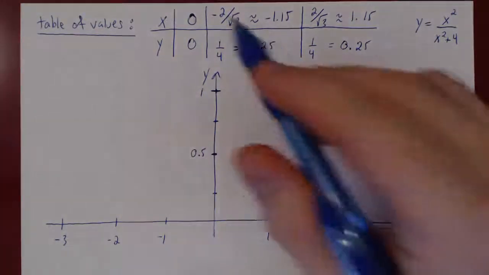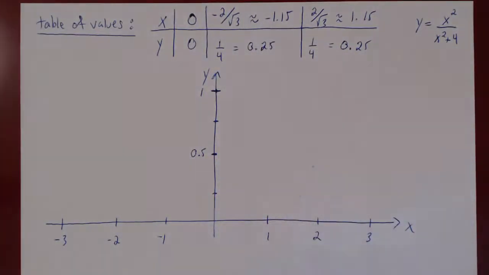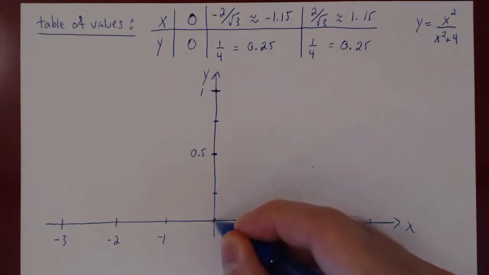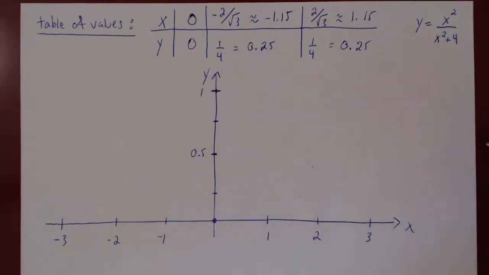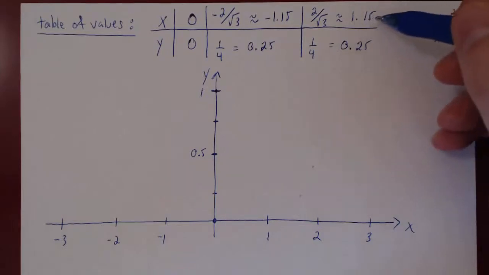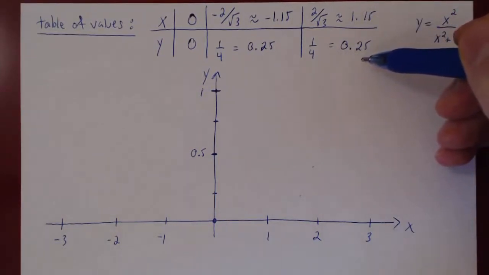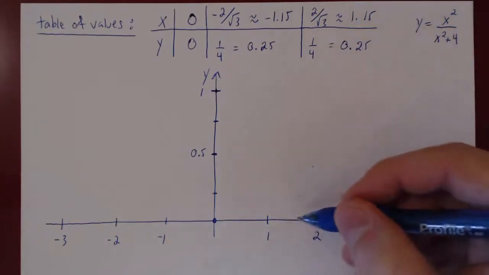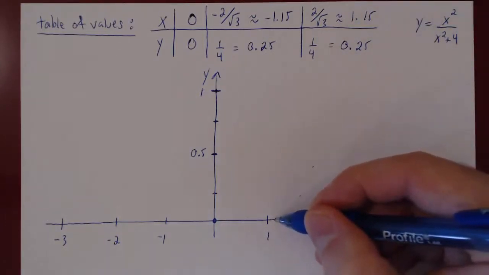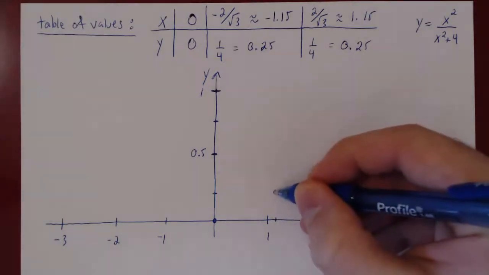And now let's plot our 3 points of interest. The point x equals 0, y equals 0. The point roughly 1.15, 0.25. So 1.15 would be approximately here. And 0.25 is here.